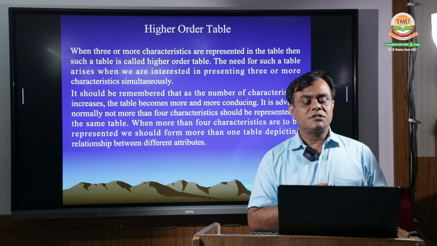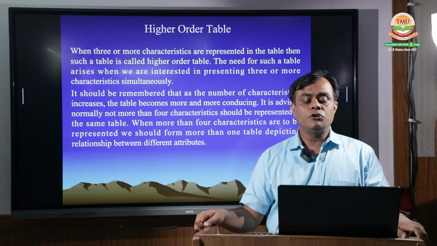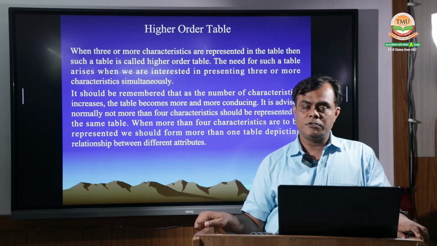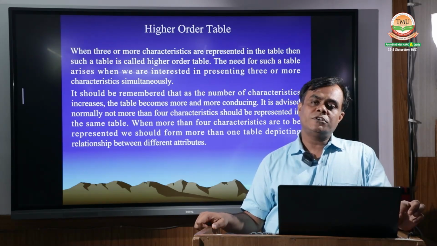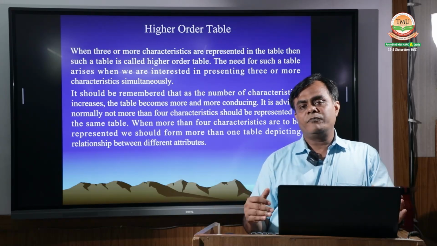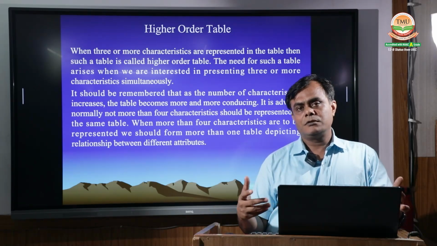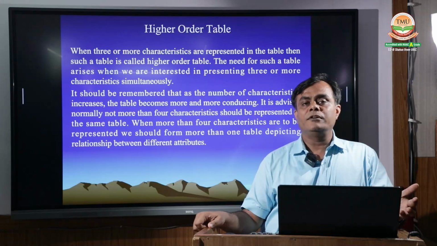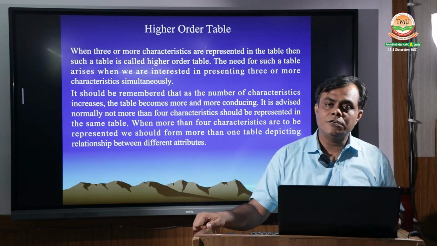The need for such a table arises when we are interested in presenting three or more characteristics simultaneously. So when we are presenting various characteristics at once, in a simultaneous way, we use a higher order table.